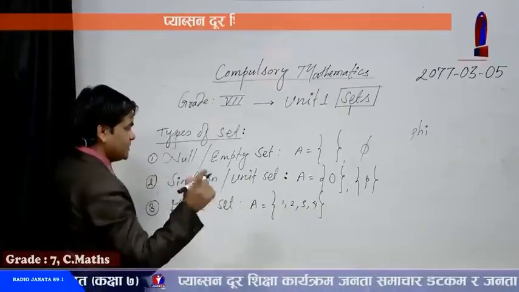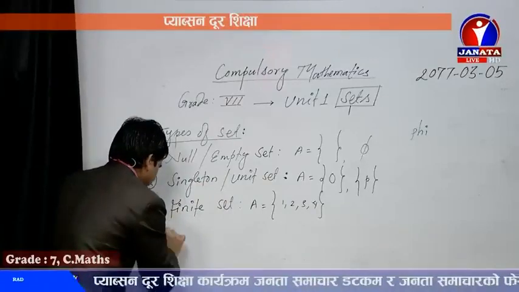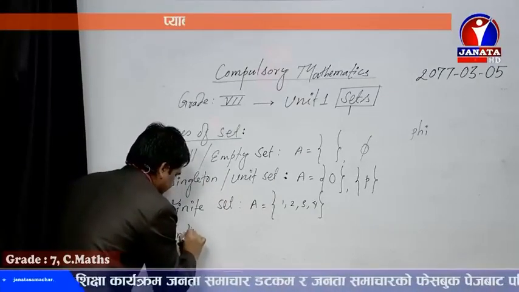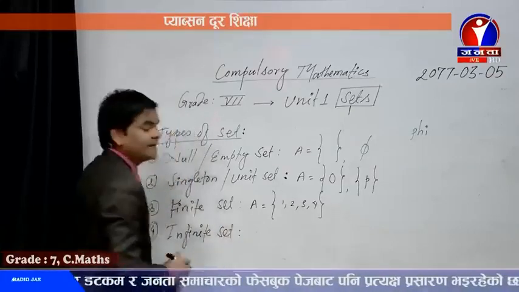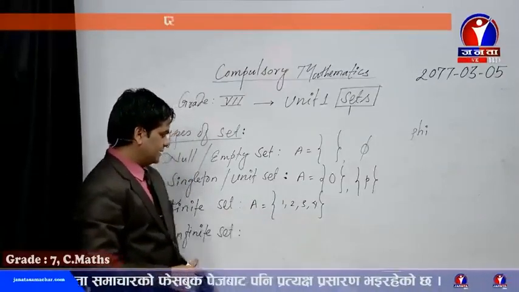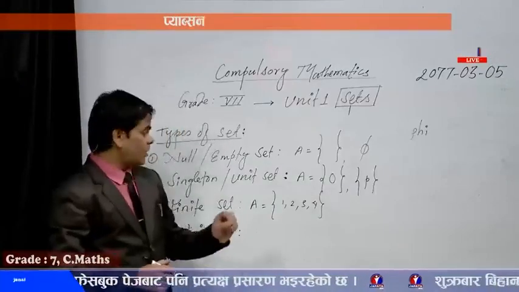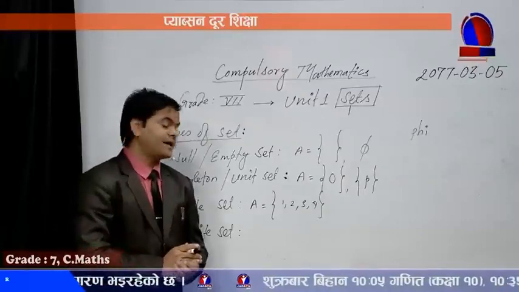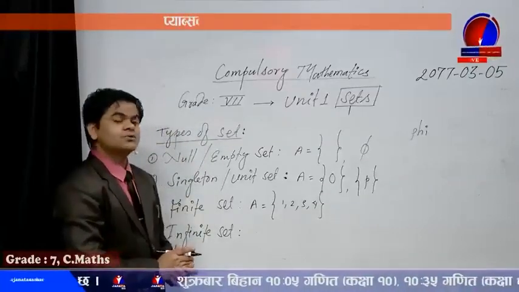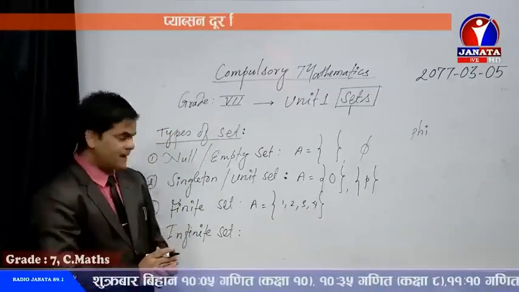Now its opposite, there is infinite set. Infinite set is just opposite to this one. That means the last element of the set is not determined or not fixed. It goes towards infinity.